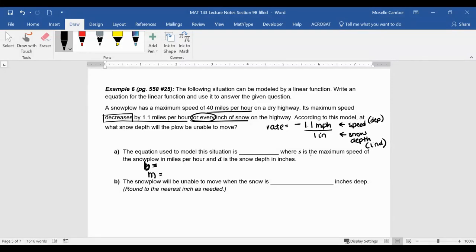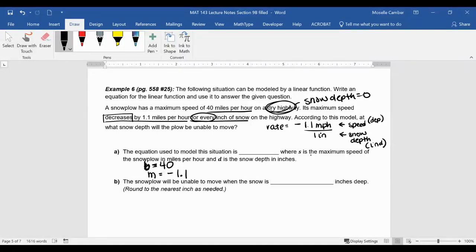So reading back through it, we have snowplow's maximum speed of 40 miles per hour on a dry highway. A dry highway, that means the snow depth is 0, right? So that would be our starting point. So my B is going to be 40 miles per hour. And my rate here is what I just looked at, so 1.1 miles per hour for every inch of snow. So because it's decreasing, it's a negative 1.1 divided by 1, so it's a negative 1.1 here for M.